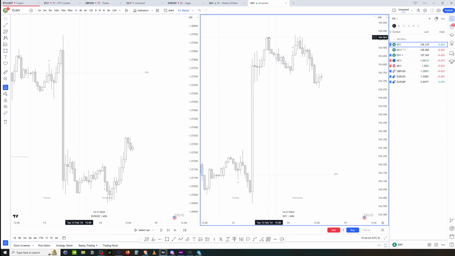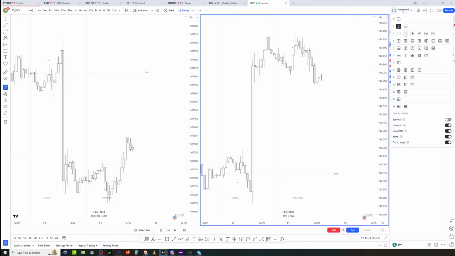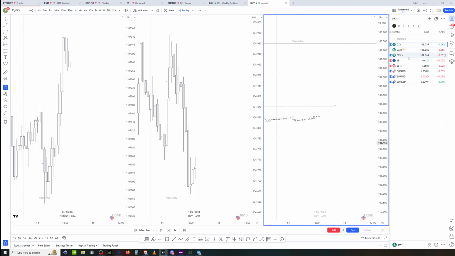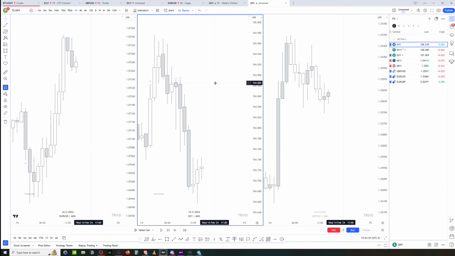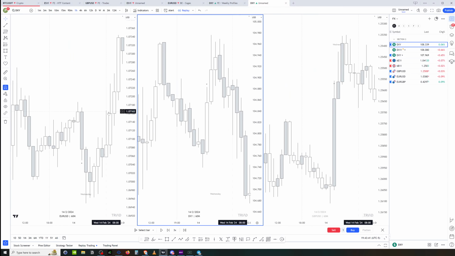See right here? Just to make sure that you understand what you're looking at, this is Dixie. Actually, I'll go to 3. So you see the difference?